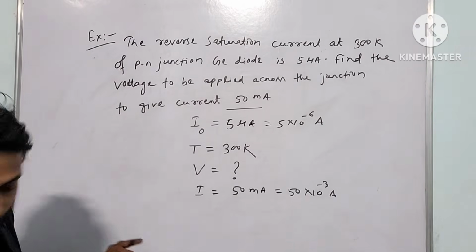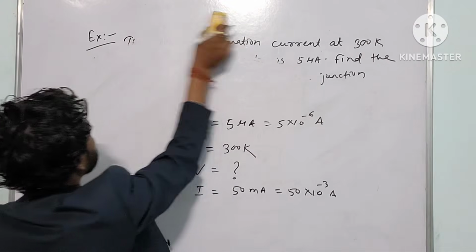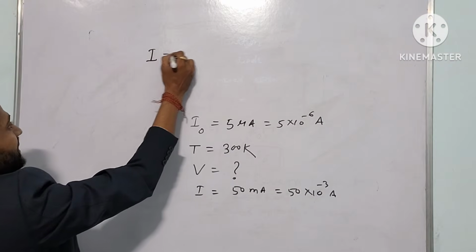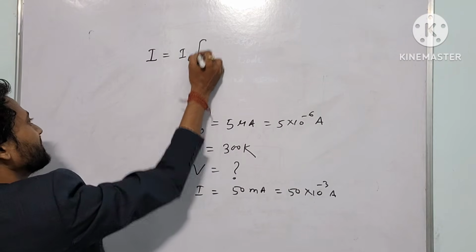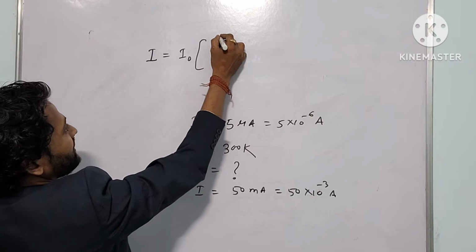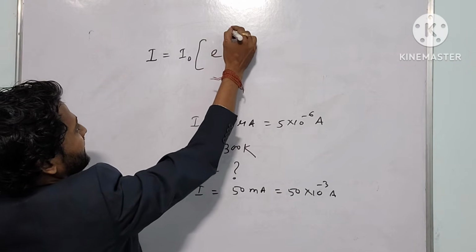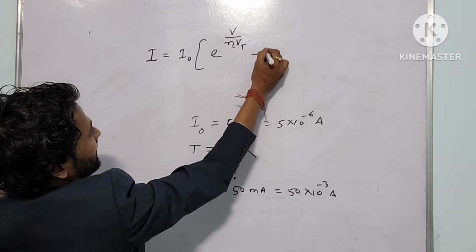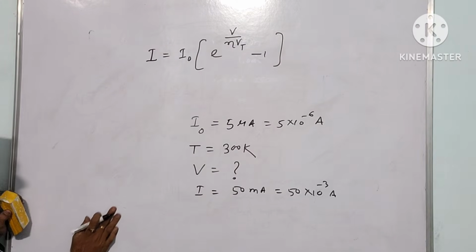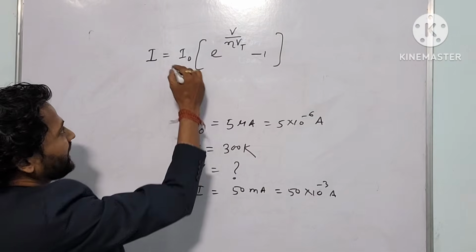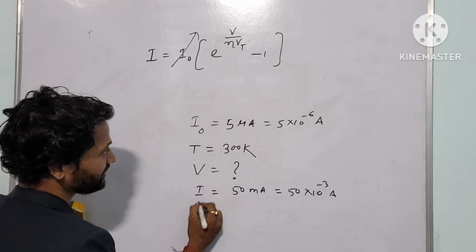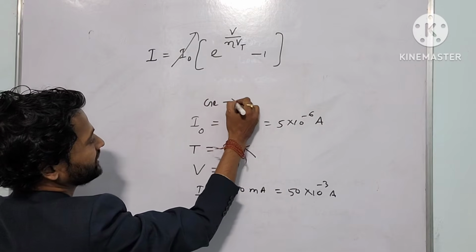So इसके लिए मैंने क्या बोला था, मैं इरेज कर रहा हूँ. What is the equation? This equation is I is equal to I naught whole into e to the power V by eta vt, yes or no, minus of 1, right? But here I naught is given. ठीक है, so since it is germanium atom, what is eta?